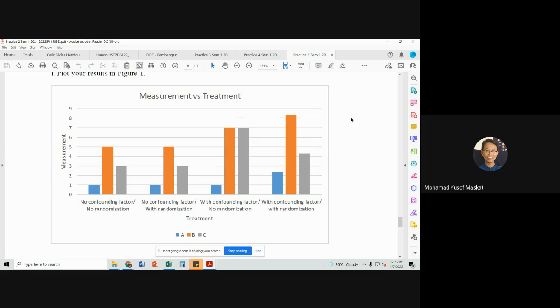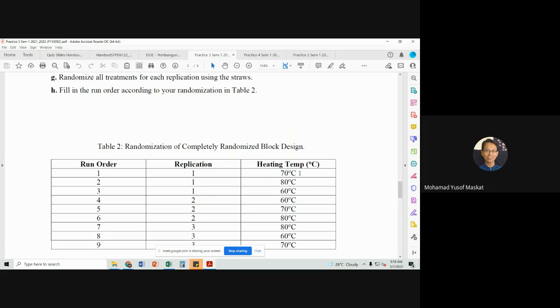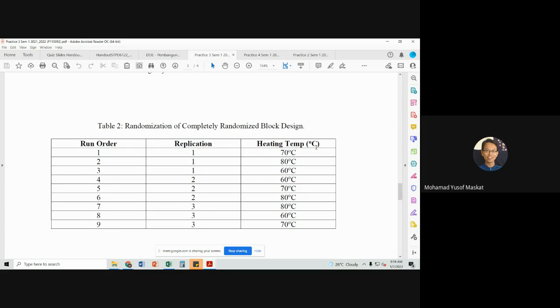If there are no questions, then we'll go to practice 3. Practice 3 is basically just to show you how to plan for your experiment using different types of design of experiment.